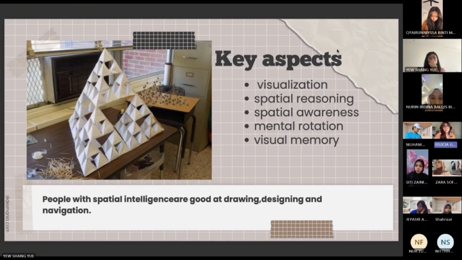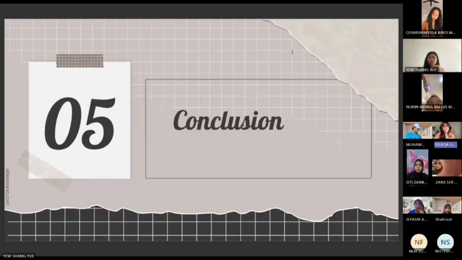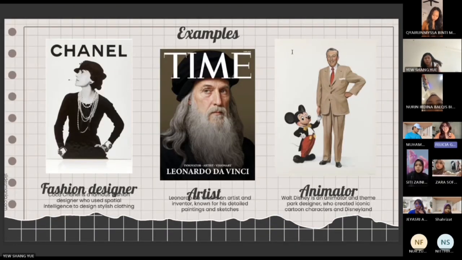These skills make people with spatial intelligence good at drawing, designing, architecture, and navigating space.